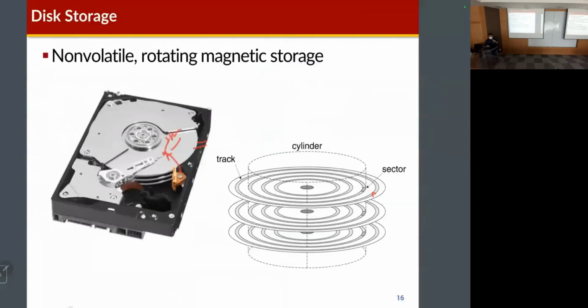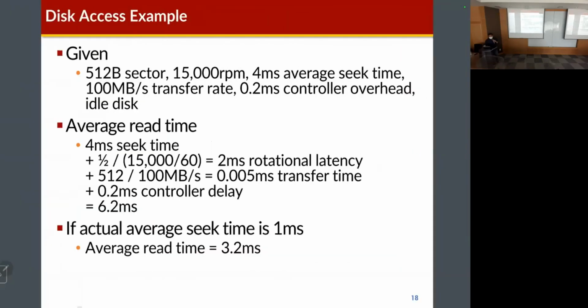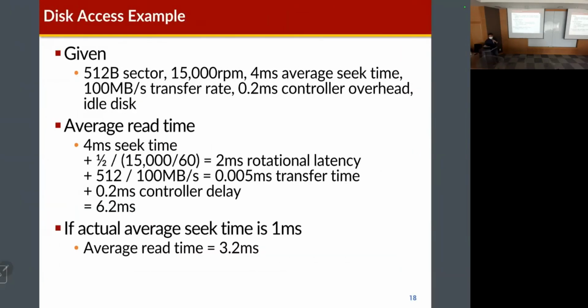Okay. When the specification of the hard disk drive is given, we can calculate the average read time of the hard disk drive like this. As you can see, the average read time is in milliseconds. Actually, very, very slow.